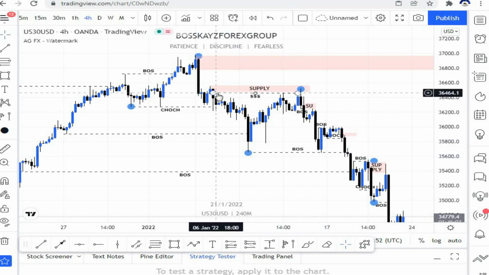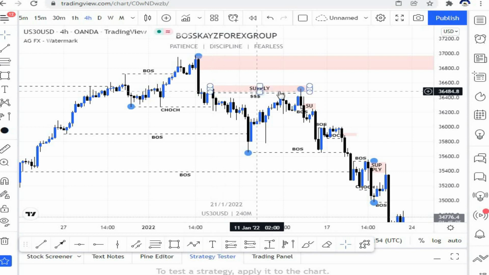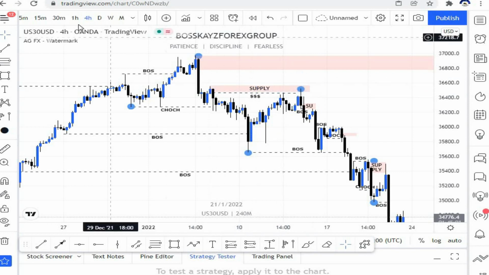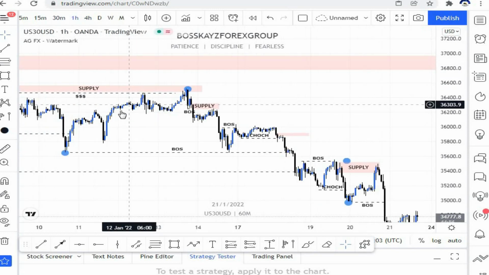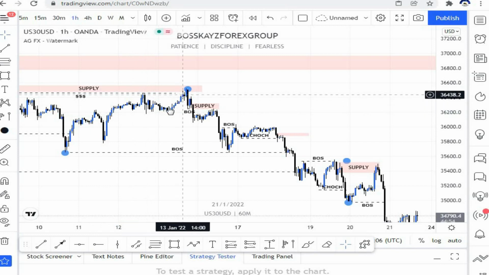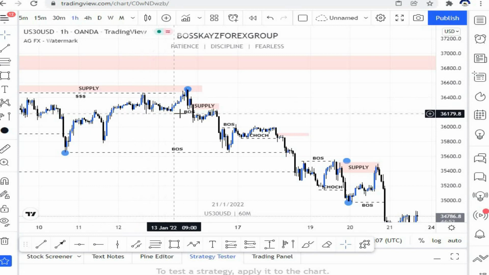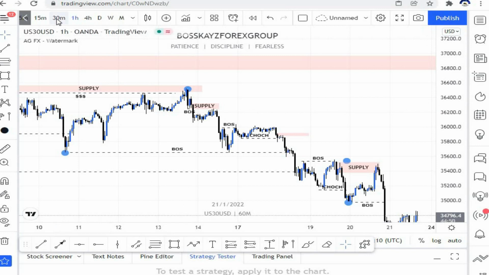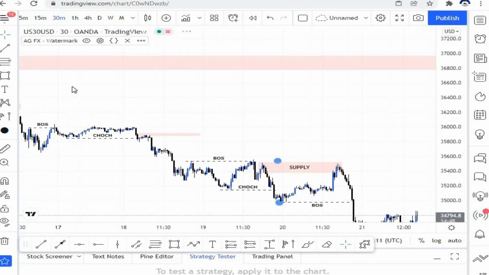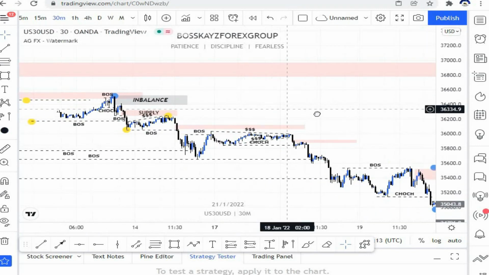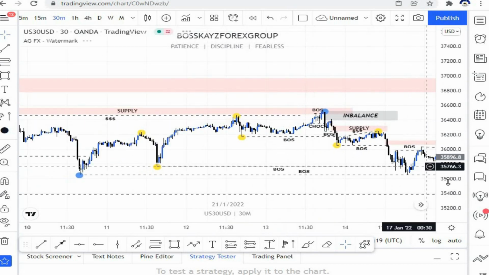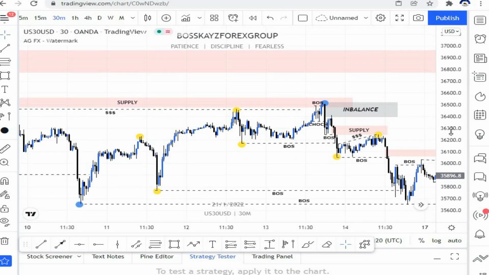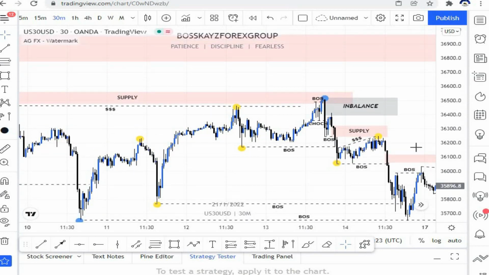So by understanding that the price is coming back to this supply zone area, you are going to wait for a nice entry point. So if we go back to H1 time frame, guys, we'll see this break of structure and this change of character. But if we go to 30 minutes, because if we go deeper to 15 minutes, you will not see it nicely, so we're going to use 30 minutes.